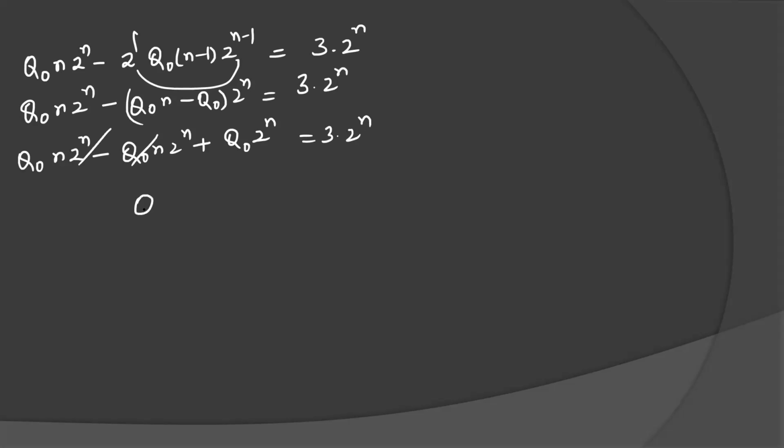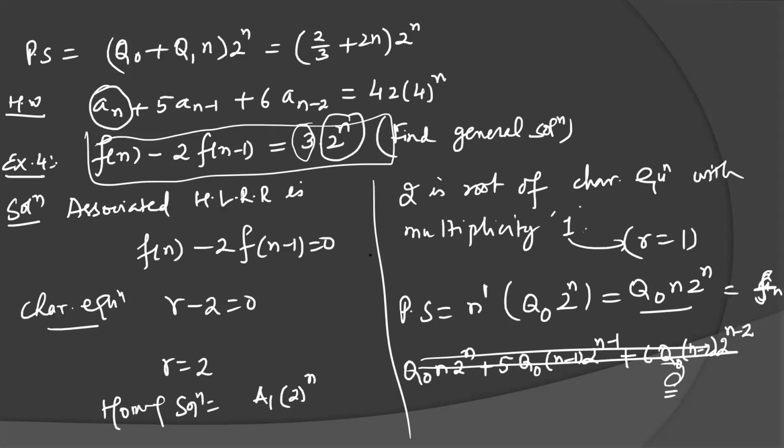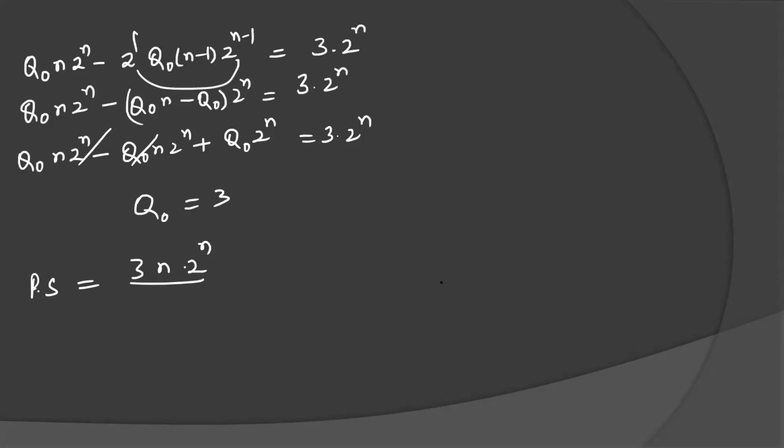This term is cancelled out. So q0 is equal to 3 here. So the particular solution will be 3 into n into 2 to the power n. So this will be the particular solution for this problem.